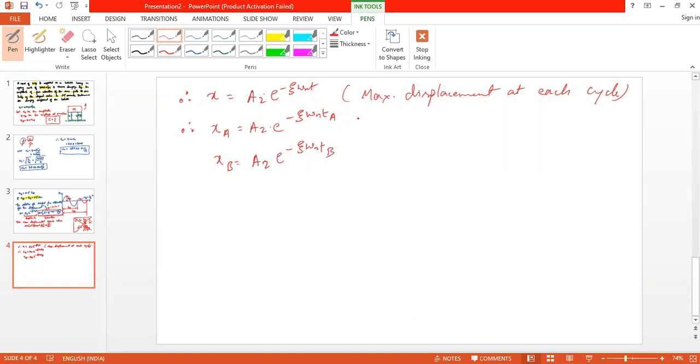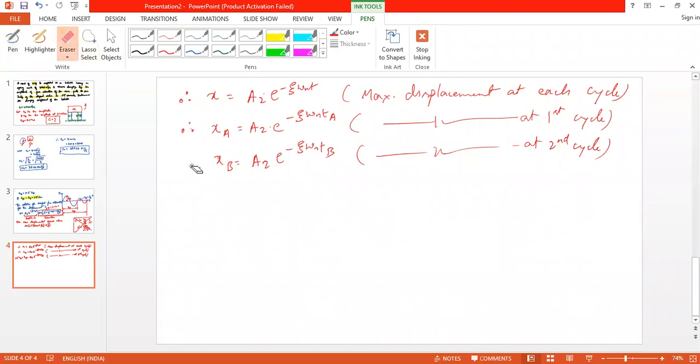Right? So this is the maximum displacement at the first cycle and the maximum displacement at the second cycle. And we know the relationship between XA and XB: XB is half of XA, 0.5 times XA, that is equal to A2 e power minus zeta omega n tB. So this is equation 1 and this is equation 2.